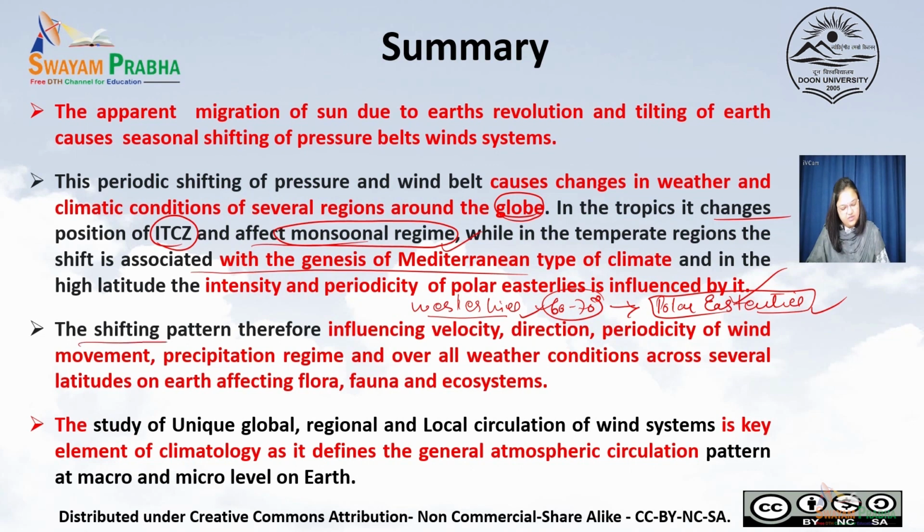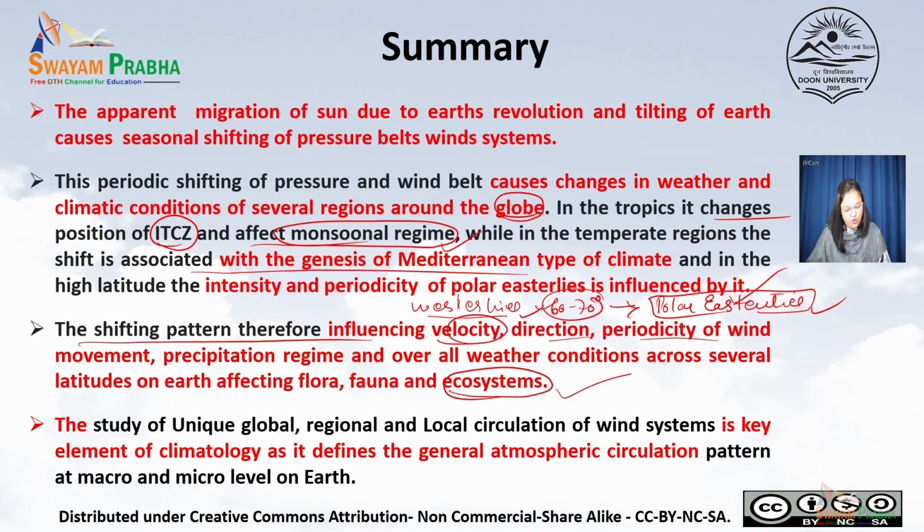And therefore, the shifting pattern greatly influences the velocity, direction, periodicity of wind movement, precipitation regime, and overall weather conditions across several latitudes on Earth's surface, affecting flora, fauna, and ecosystems. You have different types of climatic conditions, different floristic regions, and evolution of different ecosystems also, which are found in different latitudes.